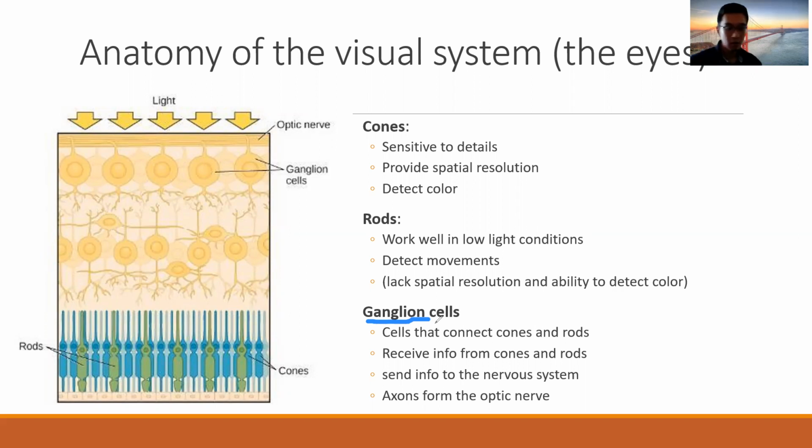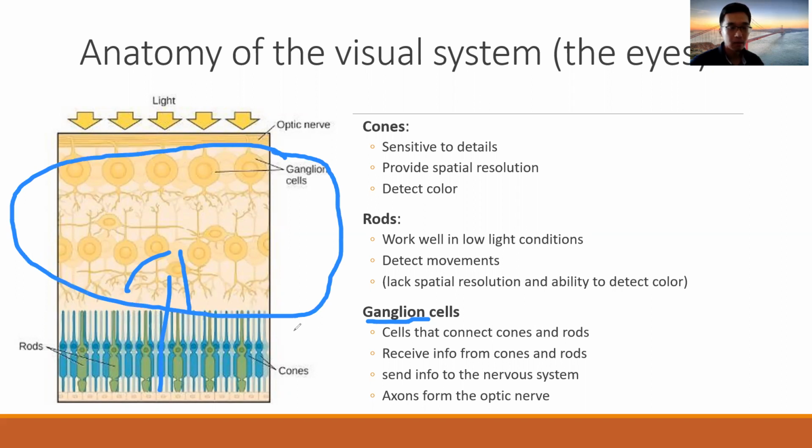So the rods and cones send information to the ganglion cells. These are the ganglion cells. You can see the core and the main body of one ganglion cell. Here are the dendrites of the ganglion cells, and here is the axon.